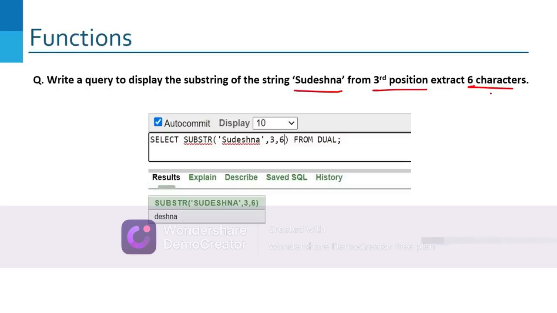So we have a function which is SUBSTR which uses 3 parameters. First of all, the string with which you want to play, and the second parameter is the position from where you want to start the extraction. And the last parameter is how many characters you want to extract. So it will extract Deshna, because D is my third position and from there 6 characters are DESHNA, right? So this is how the SUBSTR function will work.